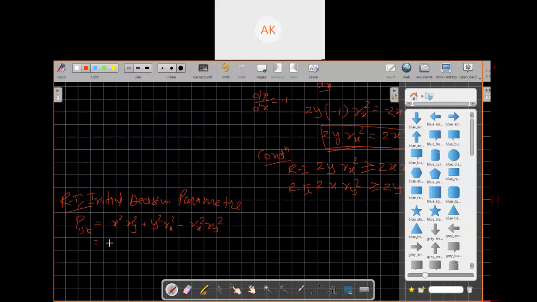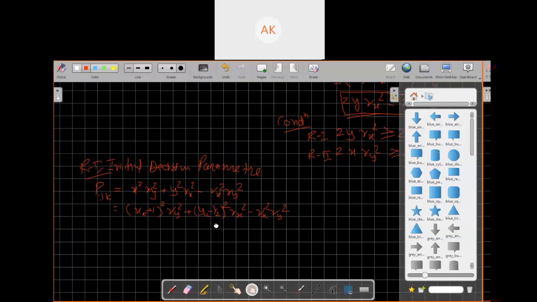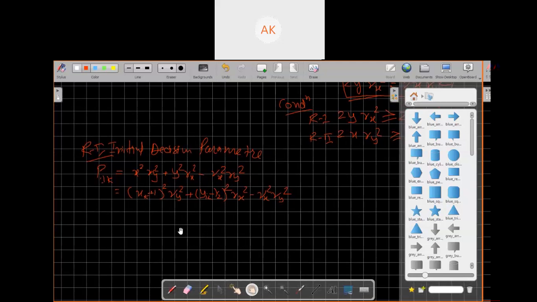The intermediate value of x is xk plus 1, so (xk plus 1) whole square ry square, plus y, what is the intermediate value, yk minus 1 by 2, whole square rx square, minus rx square ry square. This is your initial decision parameter.